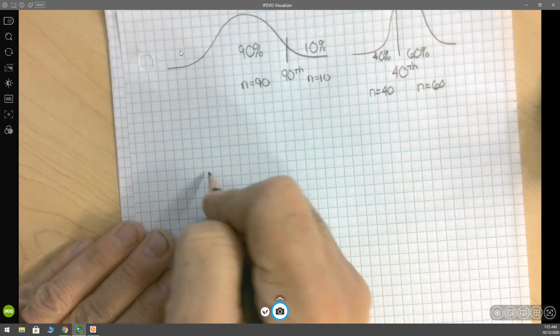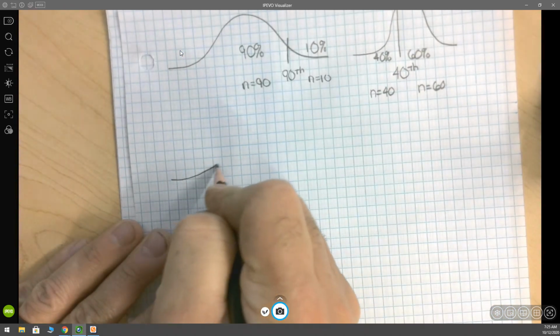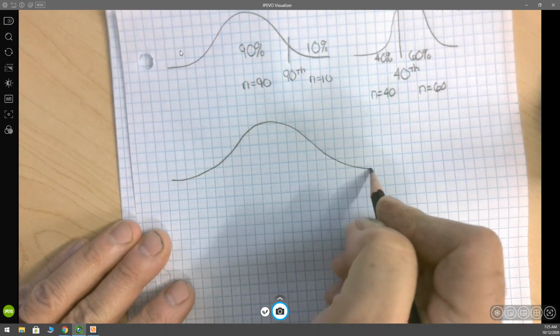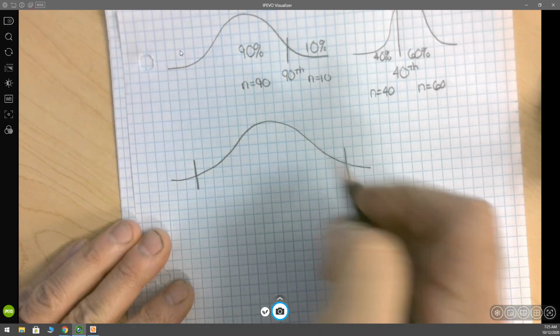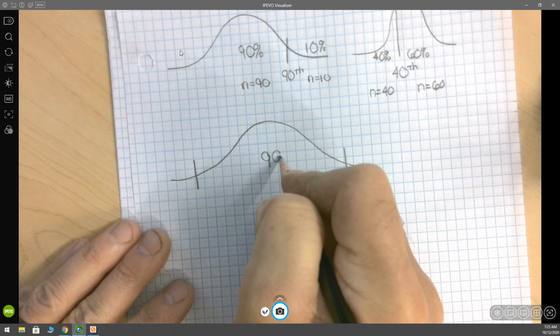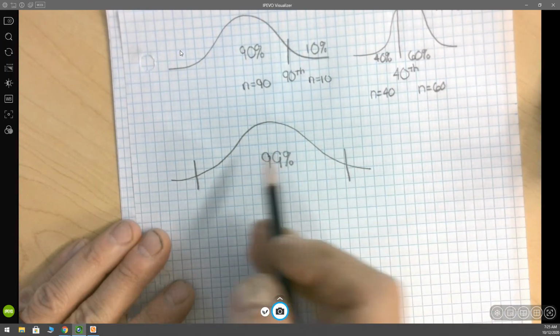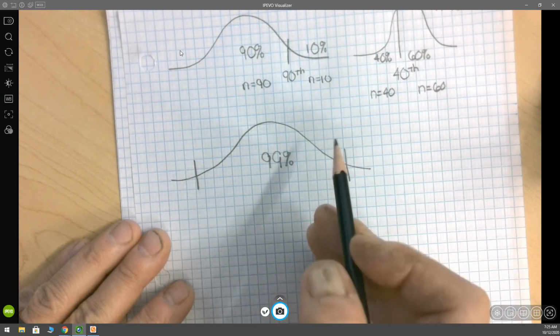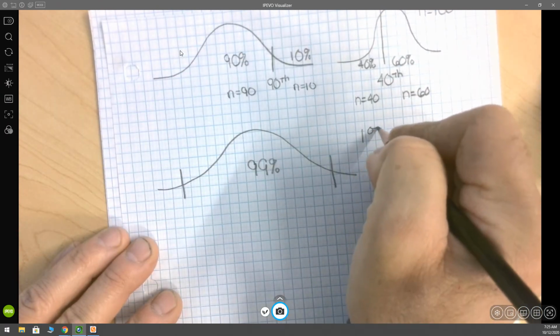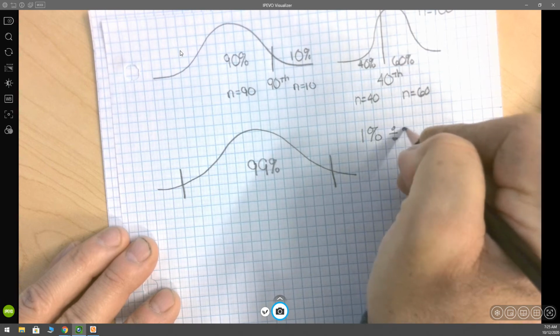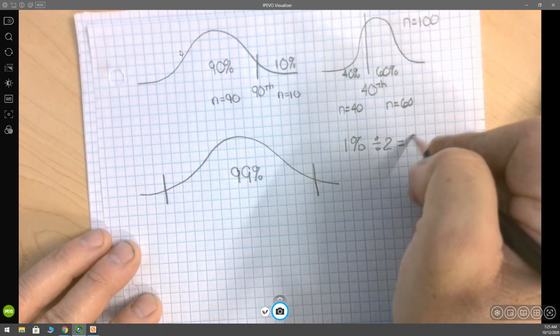If I have a 99% curve, 99% of the data is sitting in here. Well, remember that leaves 1% for the outside, and it means 1% divided by 2 leaves 1/2%.